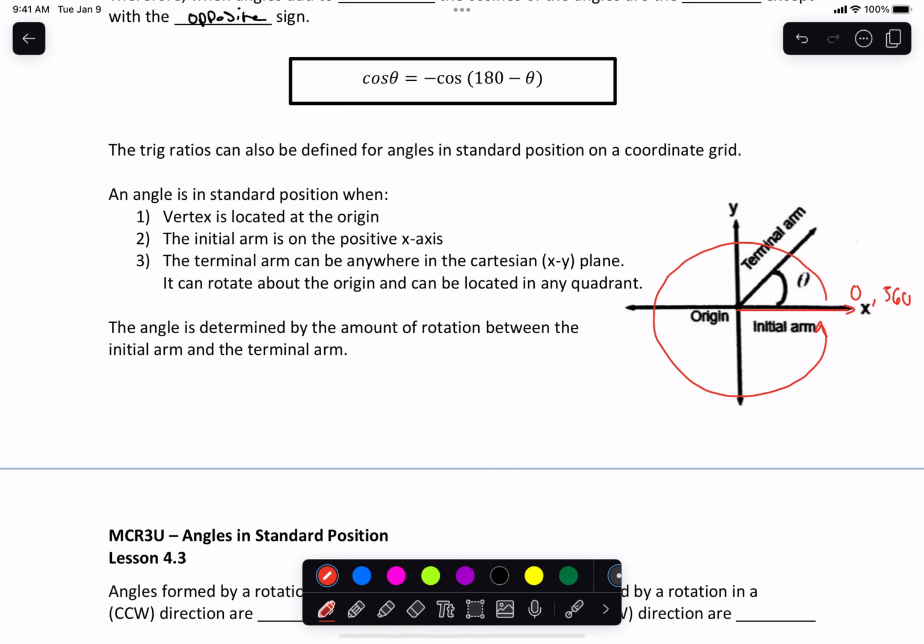It could go past, I suppose. You just keep adding. What's 2 revolutions? 720. But it's the same. Nothing changes about your trig ratios. It just goes around twice. Couldn't it just be infinite? It could be infinite, I suppose. Do you want to deal with infinity? No. Let's just be happy with the 0 to 360.